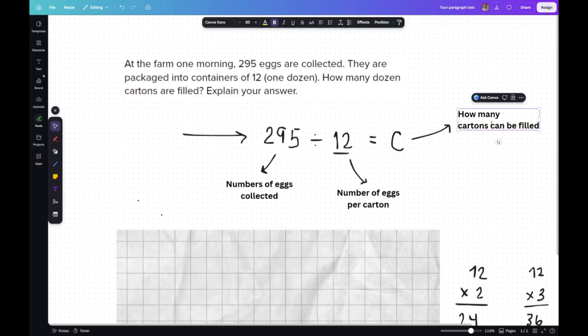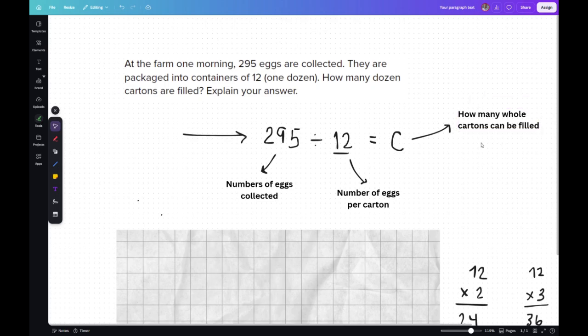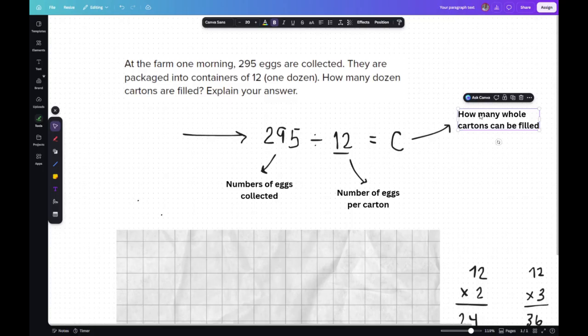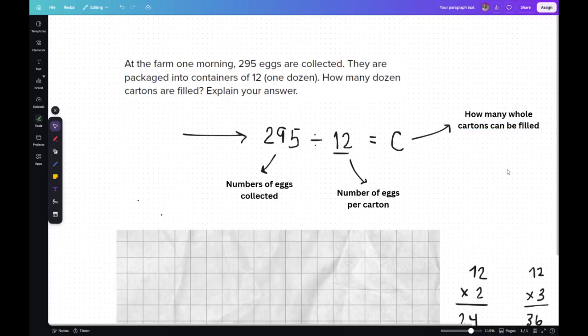Okay, how many whole cartons can be filled? I'm gonna put whole. It's very important to say whole cartons because the cartons have to be full of eggs. We need to fill that with eggs. Otherwise, we cannot put 1 dozen in each carton. And we're gonna go to the process.